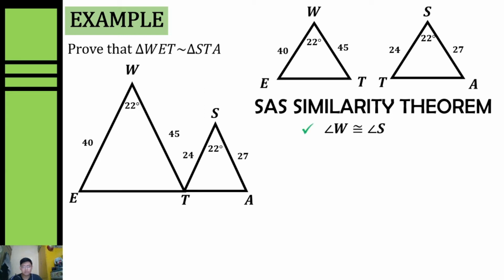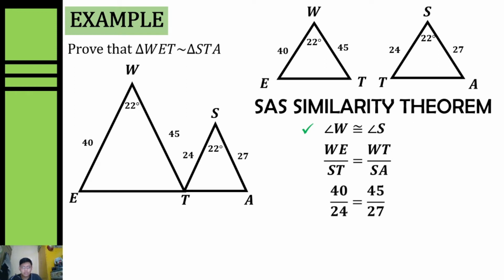We will have side WE over ST because they correspond to each other. We will form a ratio of these two sides and equate it to the ratio of the corresponding sides WT and SA.